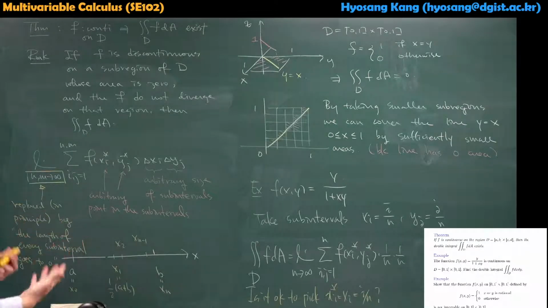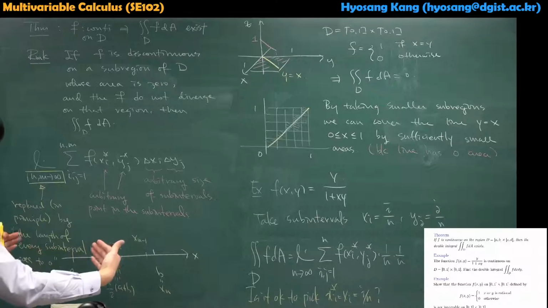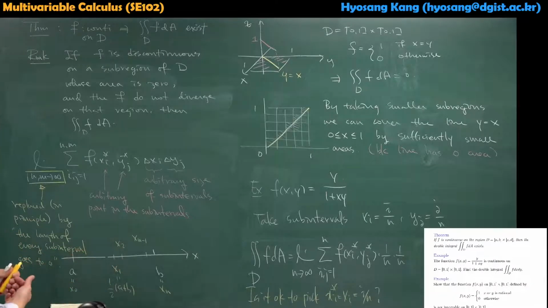So what I'm expecting to have this limit is by taking every subinterval getting smaller and smaller in size, so that this summation approaches a single value. Okay.